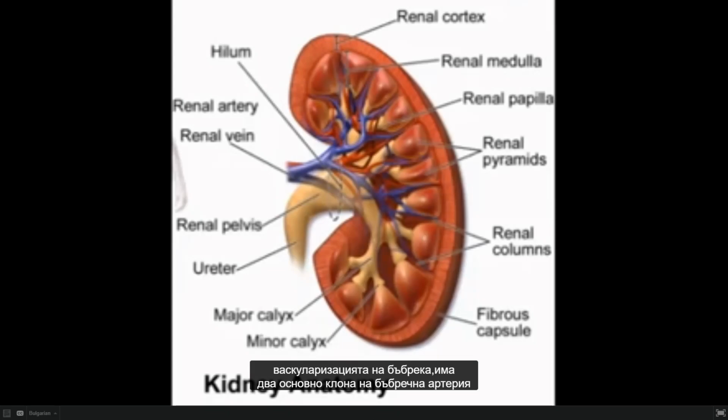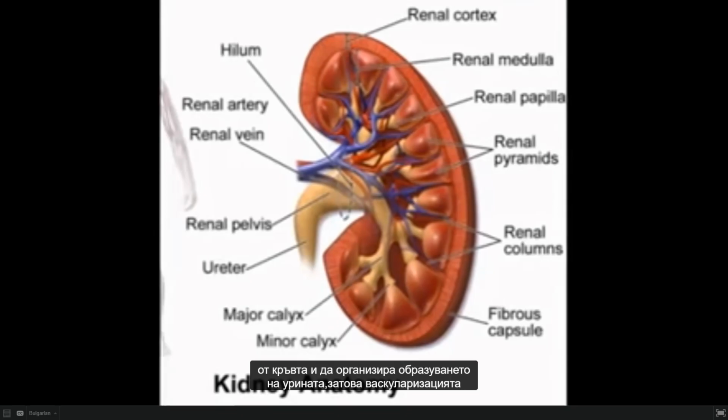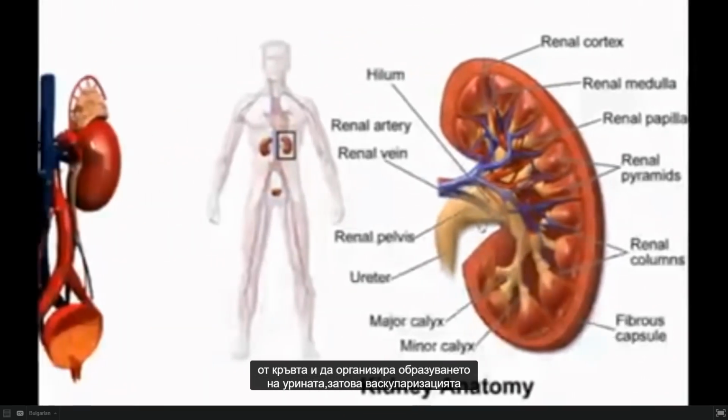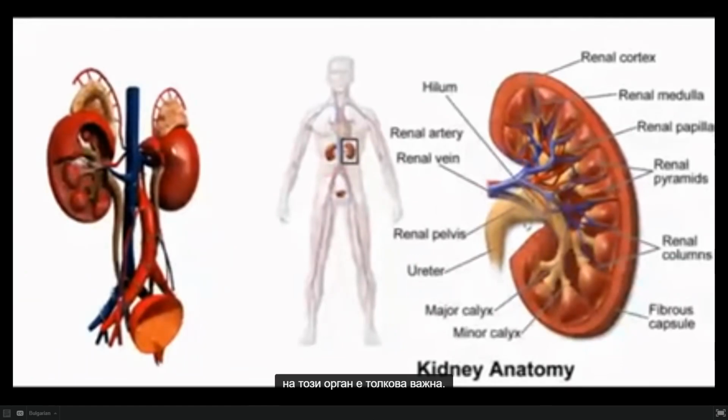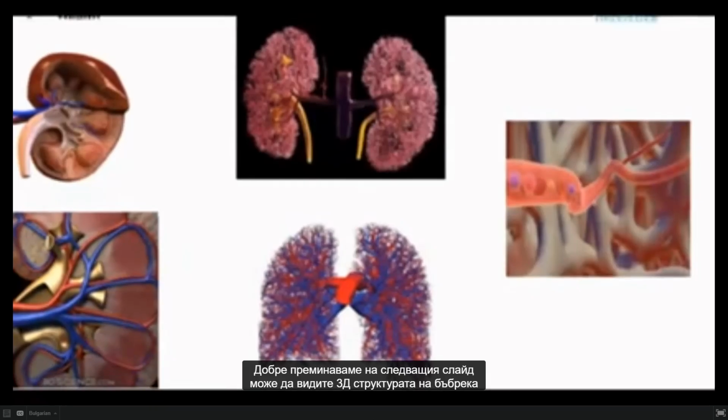You have two main branches of the renal artery and of the renal vein, and they cover completely all the renal pyramids, because the most important function of the kidney is to transform the matter from the blood to organize the formation of the urine. That's why the vascularization of that organ is so important. Okay, then we go to the next slide.